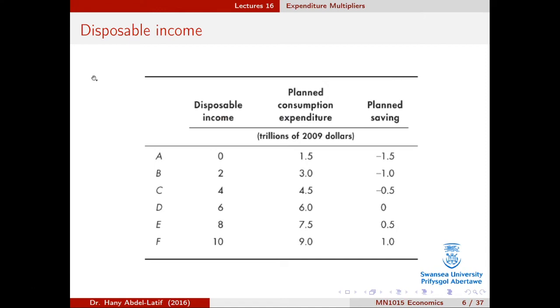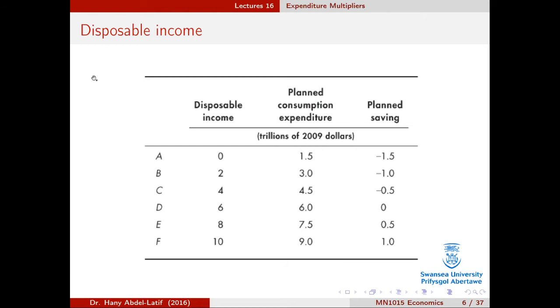This is a very simple and naive example. If we have 5 or 6 points for disposable income, let's look at the first point, point A. If income is 0, then for any economy, consumption cannot be 0.